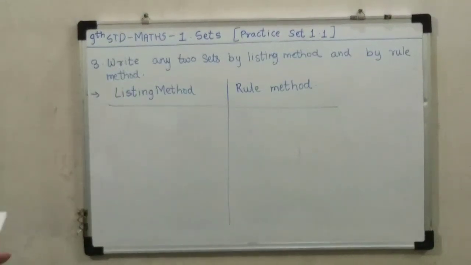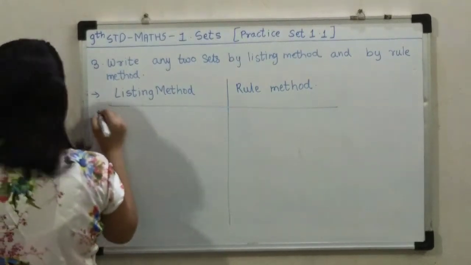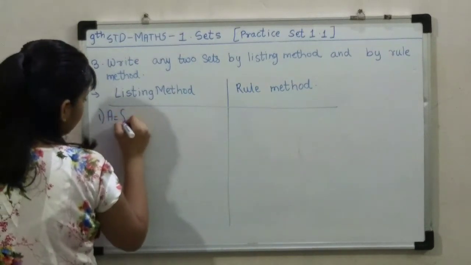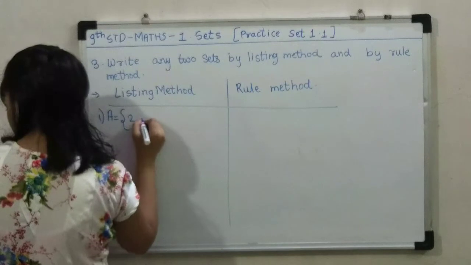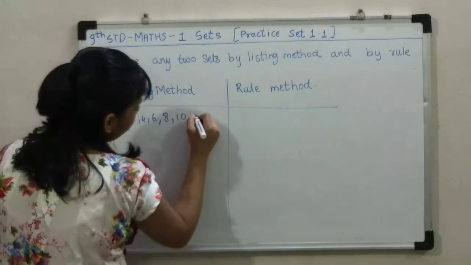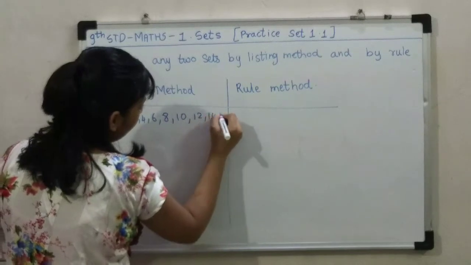Third question is write any two sets by listing method and by rule method. So we can write any two. First, in listing method I can write set A is equal to 2, 4, 6, 8, 10, 12, 14.